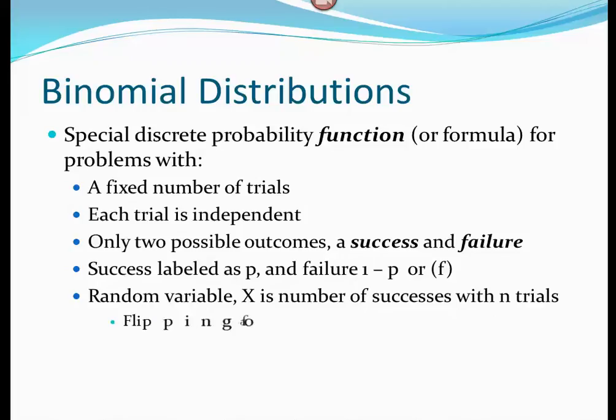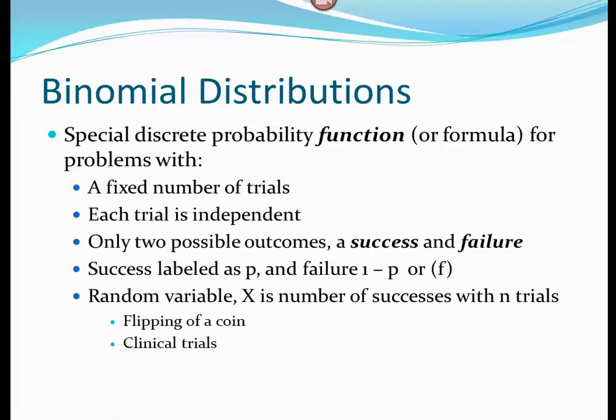The types of situations where we have the independence, fixed number of trials, etc. would be, for example, flipping of a coin. All of those trials would be independent. We could decide how many times we're going to flip it ahead of time. There's only two possible outcomes, a success and a failure, and we decide which we're going to call a success. And clinical trials also.